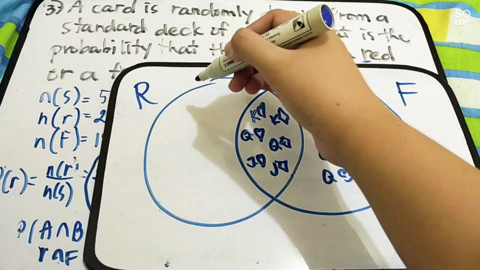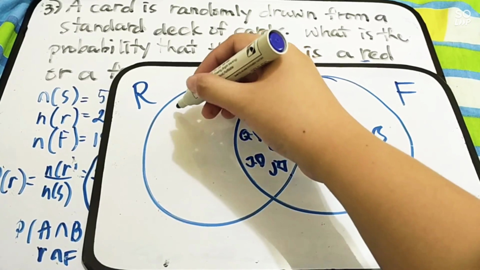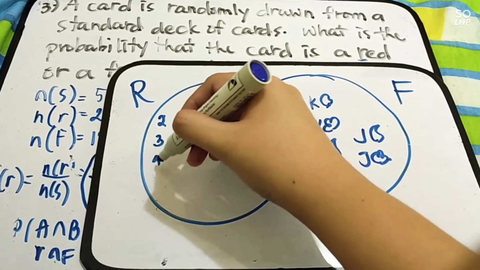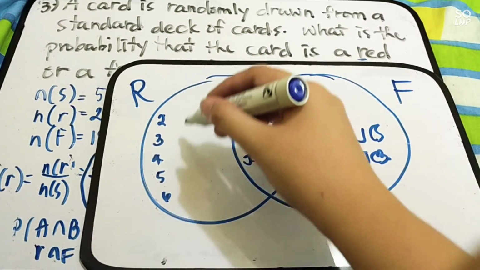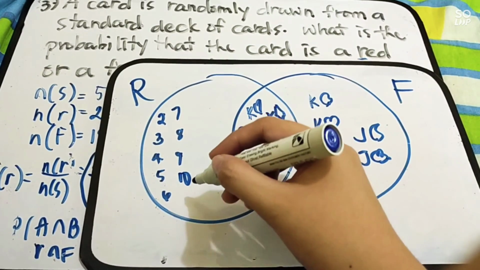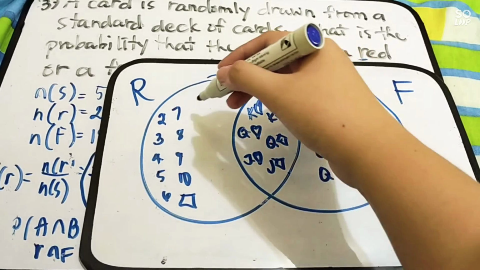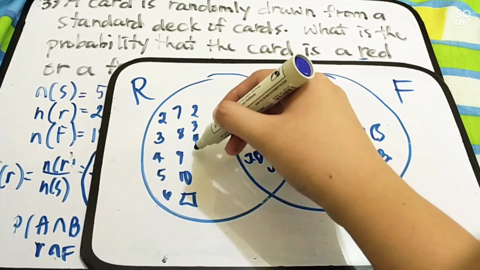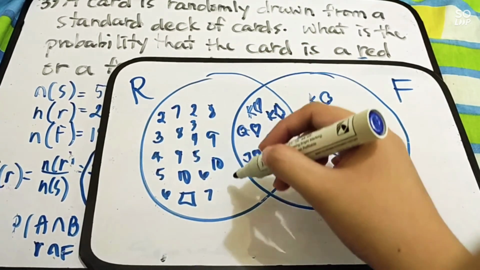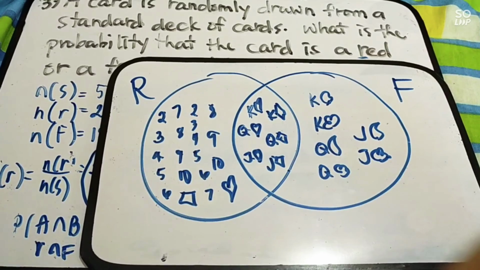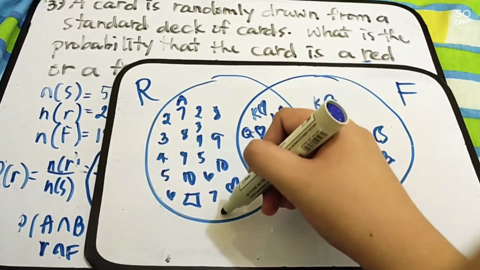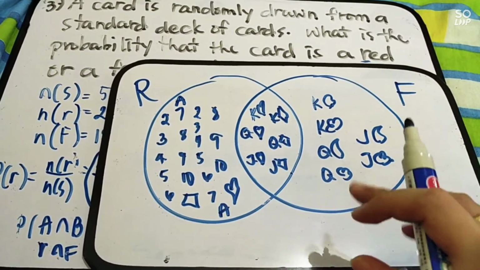Next tayo, dito ay merong kang 1, 2, 3, 4, 5, 6, 7, 8, 9, 10 na diamonds. Then, 2, 3, 4, 5, 6, 7, 8, 9, 10 na hearts. And then, kasama pala si ace. Ace na diamonds at saka ace na hearts.